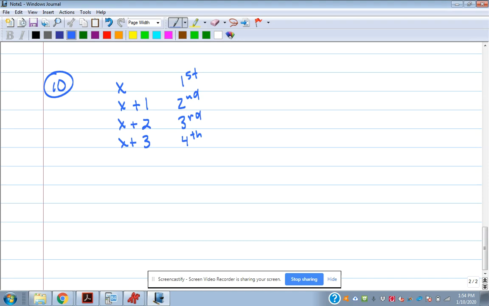So it says these 4 consecutive integers added together, because it said sum, is 222. So I'm just setting it up: x plus x plus 1 plus x plus 2 plus x plus 3 equals 222. Add those together. I've got like terms: x, x, x, and x. 4x plus 6 equals 222.